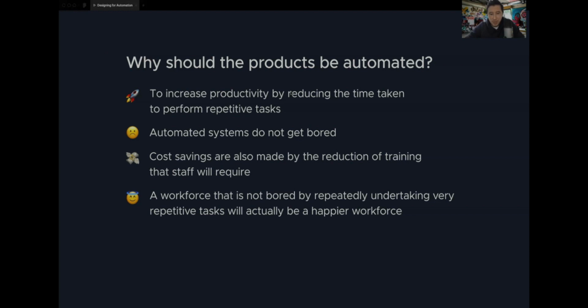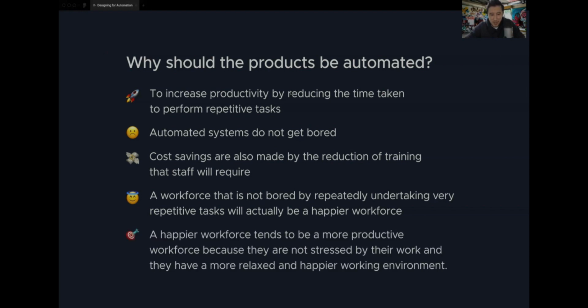The next one is a happier workforce tends to be a more productive workforce, because they are not stressed by their work, and they have a more relaxed and happier working environment.